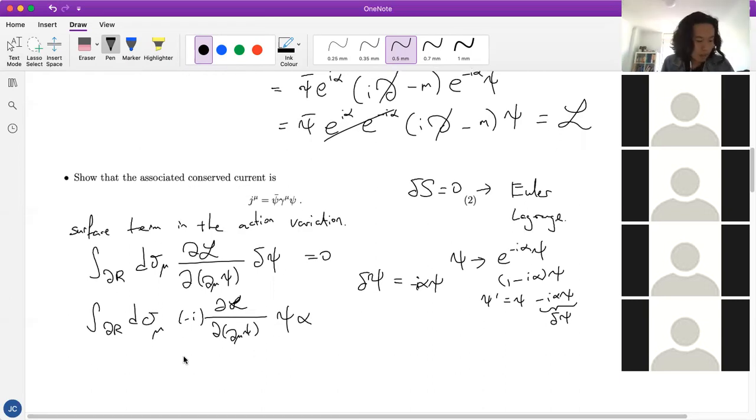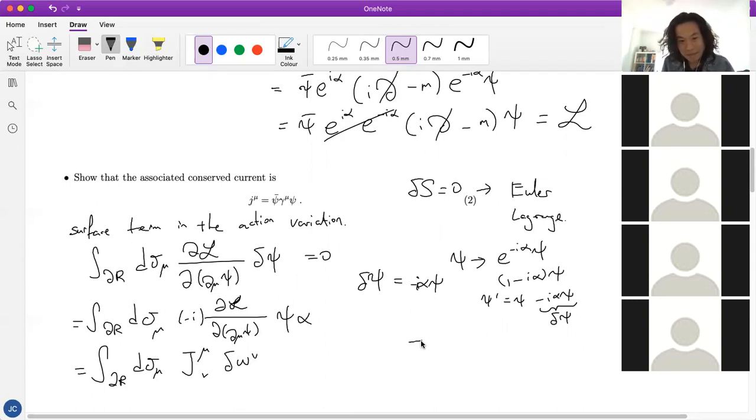So now I'm gonna rewrite this as the integration, but then I'm going to call this thing a j^μ_ν, and then times something called δω^ν. So here, all I did is say that I have this tensor term, j^μ_ν, which I've now defined to be everything here that's not alpha, minus i ∂L/∂(∂_μ ψ). And then this δω^ν is equal to alpha.